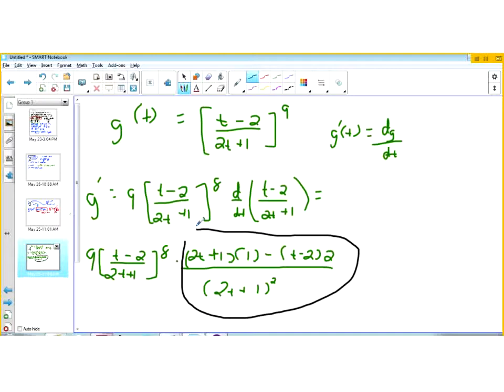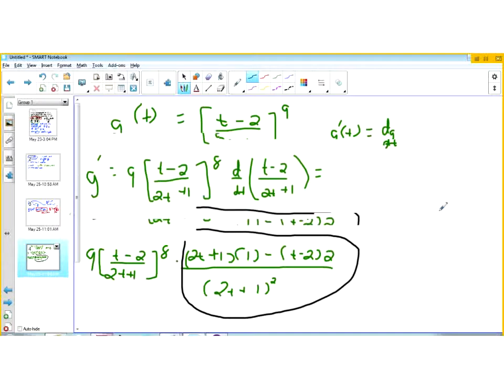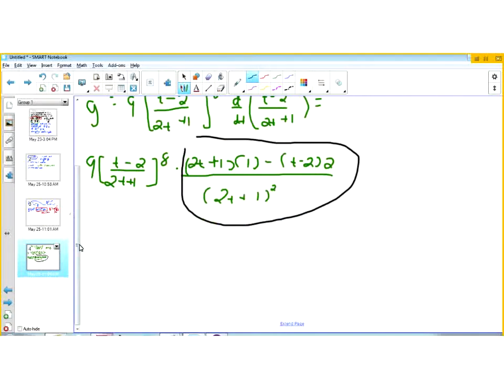Well, let's see, should I go ahead and do it? I'll go ahead and complete it for you. It looks a little bit involved, so let me complete the simplification. That would be 9 times t minus 2 divided by 2t plus 1 to the 8th.